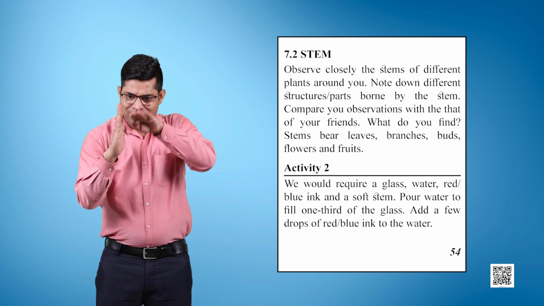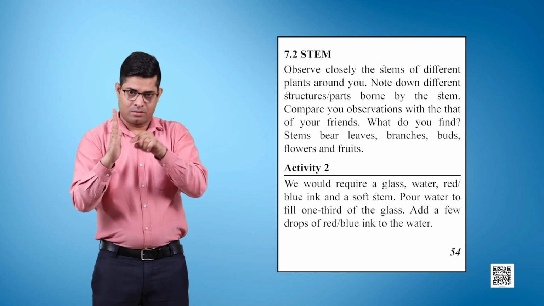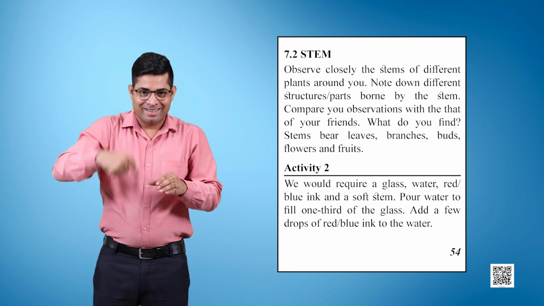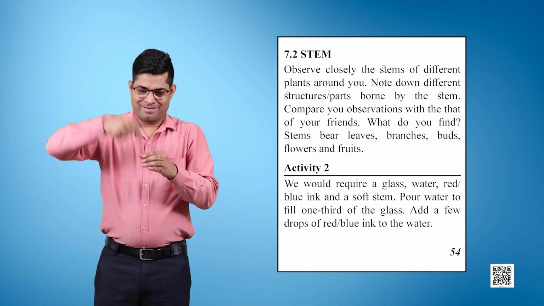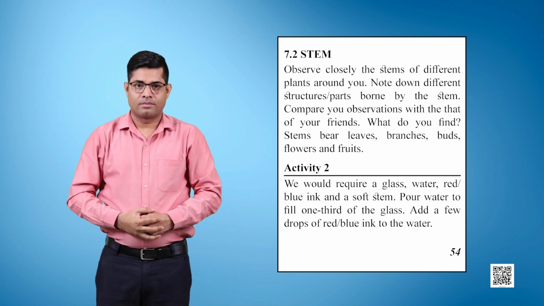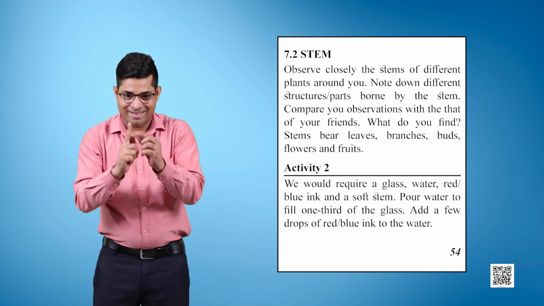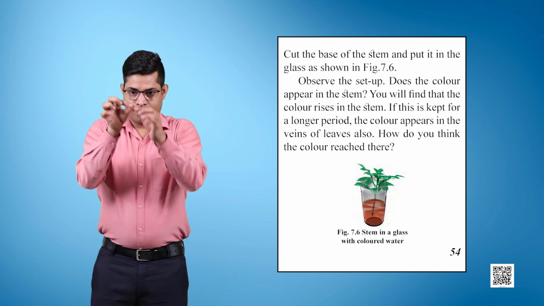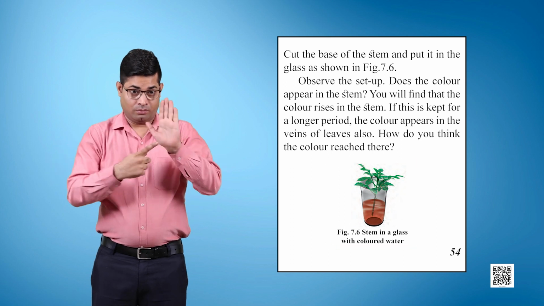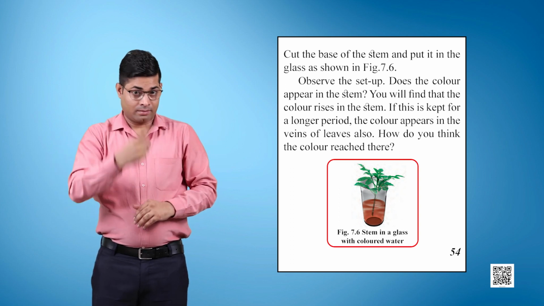Pour water to fill 1/3 of the glass. Add a few drops of red or blue ink to the water. Cut the base of the stem and put it in the glass as shown in figure 7.6.